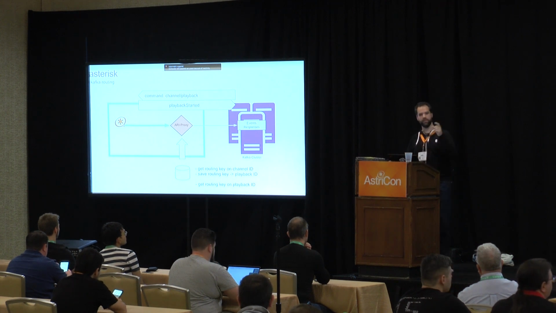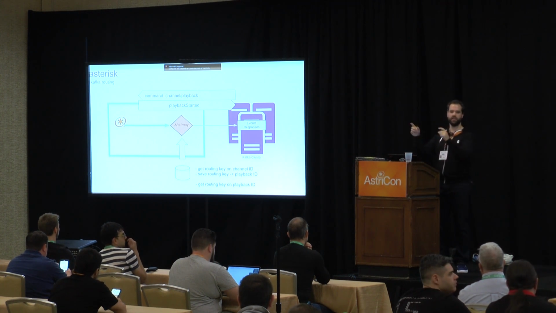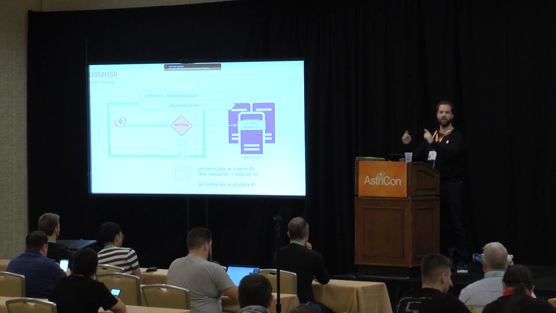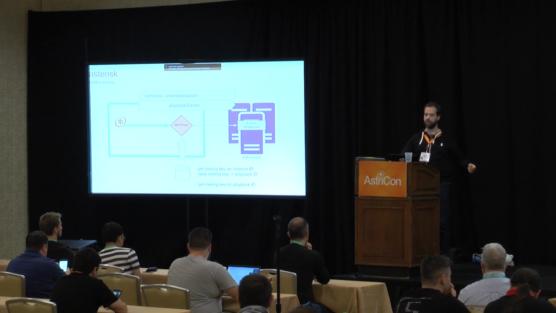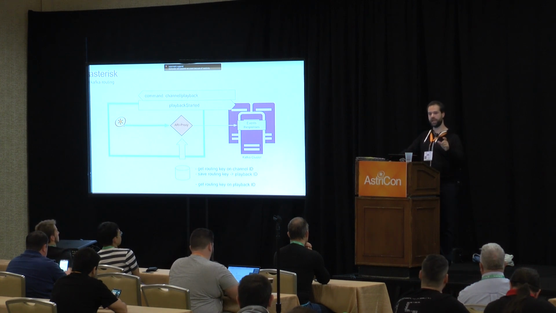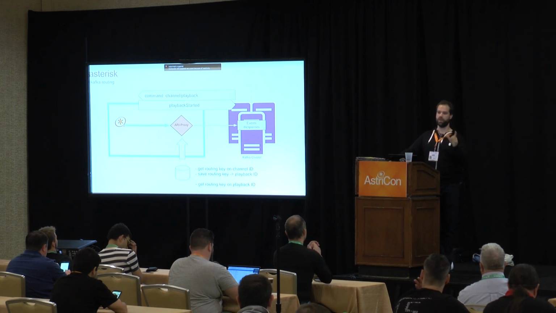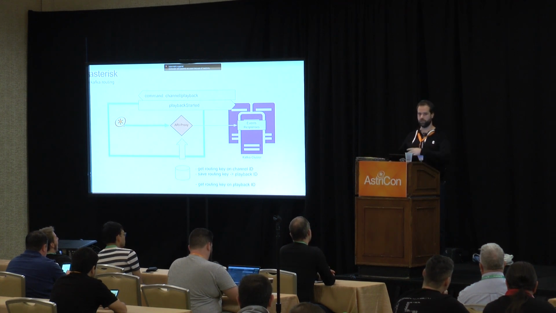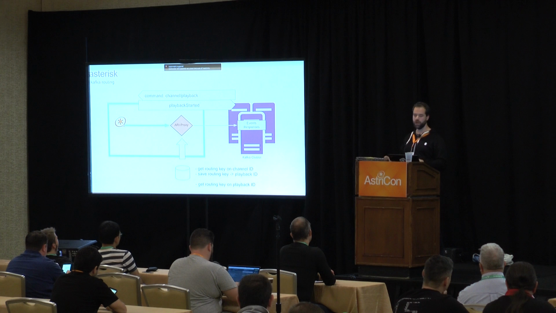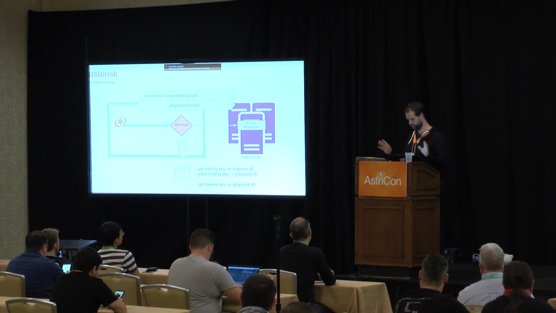So we take the channel ID and get the routing key, and take the playback ID and save the playback ID with the routing key in the database. So on the upcoming playback started event, we will get the routing key with the playback ID we have. Basically, it's everything to get everything in the right place. So hopefully, we will never have to touch that again, hopefully.